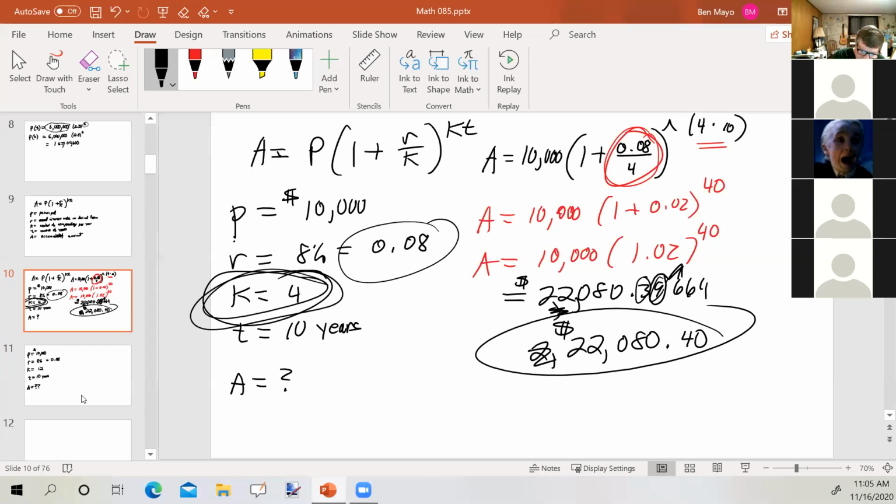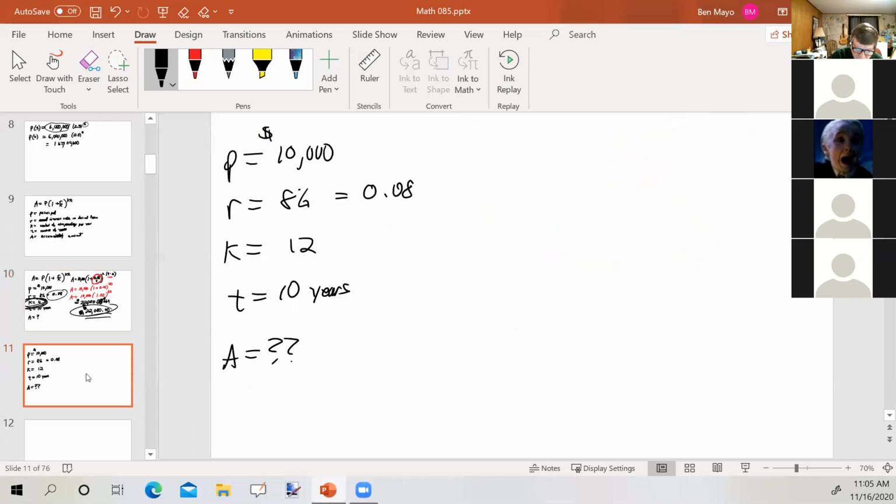But everything else remaining the same, if we compound it 4 times a year, we get this. Let's see what happens if we compound it 12 times a year, if it changes things. And if so, how much?